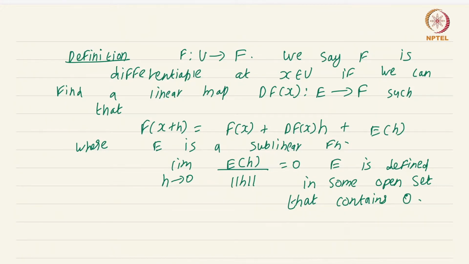Similar remarks that we made after the gradient apply. This h has to be chosen so small that x plus h is still in U. We can always do that by shrinking the domain of h to be a suitably small neighborhood of 0.